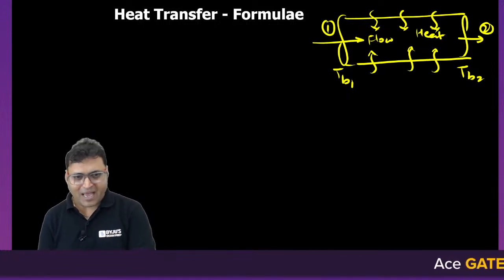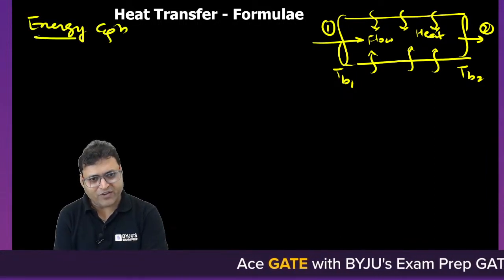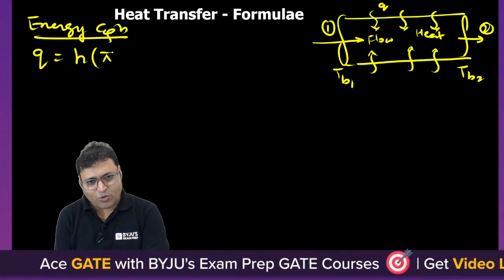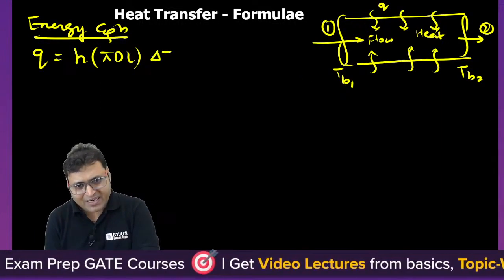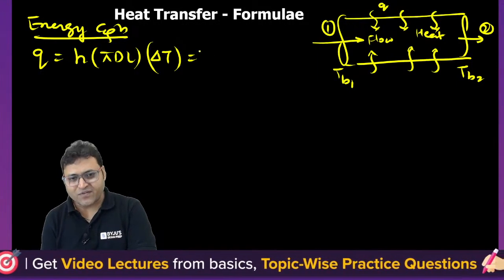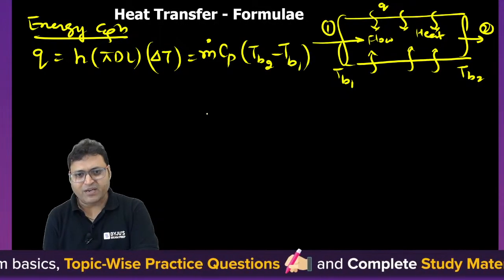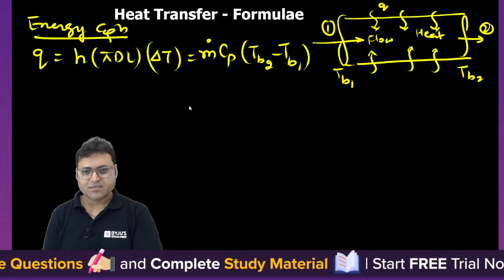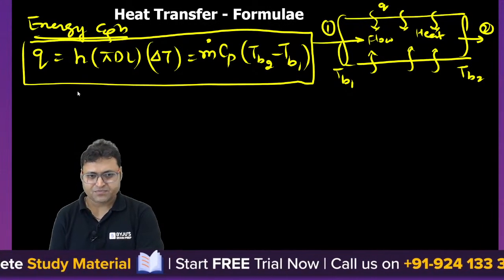If we apply the energy conservation equation, the rate of heat flow will be equal to H into pi dl, the area available for convection, that is the peripheral area, into the bulk temperature difference, which is equal to the change in internal energy of the fluid, mass flow rate into Cp into Tb2 minus Tb1, that is mc delta T. That will be the energy conservation equation.